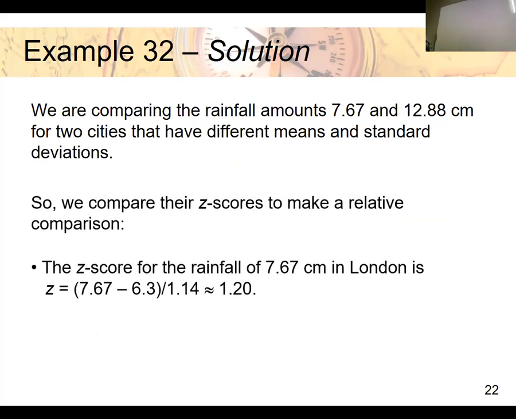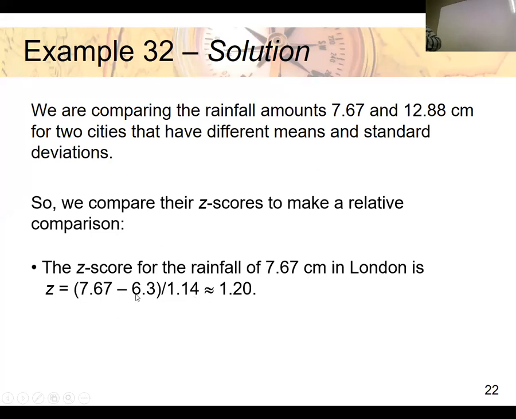Starting with London, for a rainfall of 7.67 centimeters, we use this formula. That's 7.67, the x value, minus the mean of 6.3. That difference will be divided by 1.14.